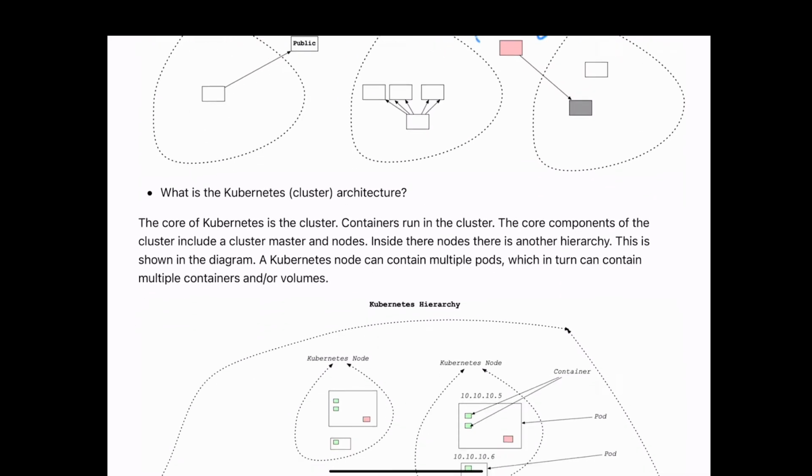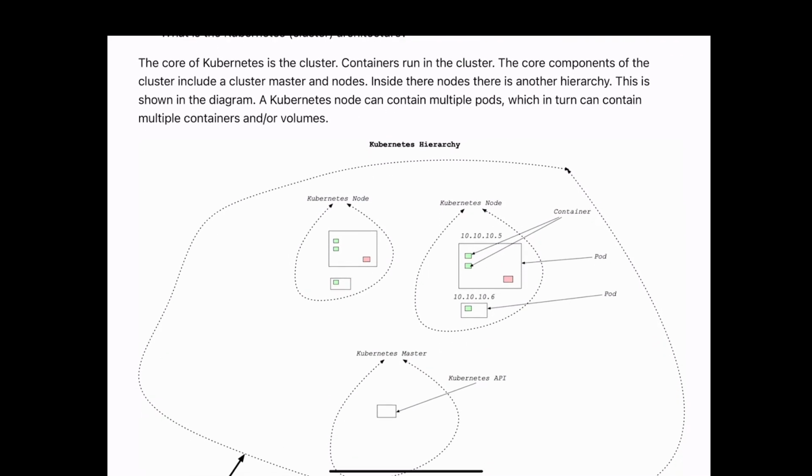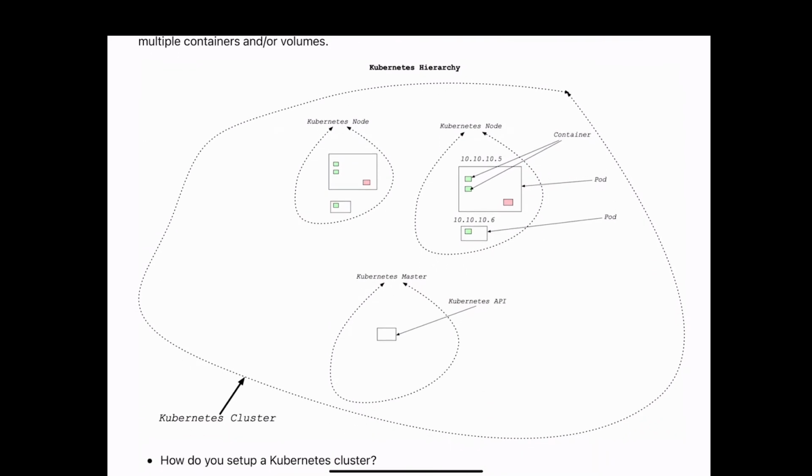So what is the cluster architecture? In general, it looks something like this, where your entire cluster, when you say cluster, there's a lot of stuff going on underneath the hood. And in particular, one of the things to be aware of is a node, right? So if you see, this is kind of the basic structure of a node, but let's dig into those details. So first up, we have actual containers themselves.